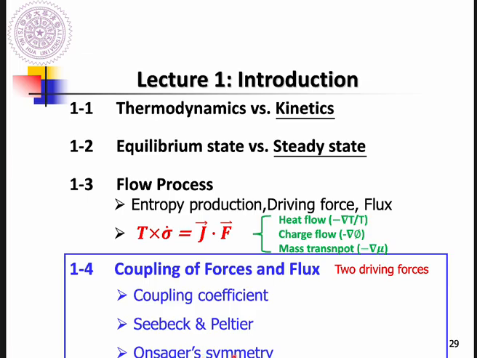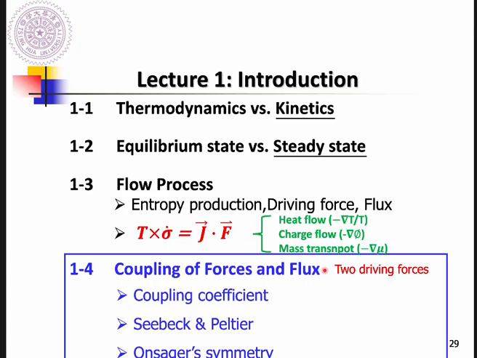Then the last one is what we call Onsager symmetry. This is some kind of mathematical trick we are going to use in this part. So let's move to the coupling coefficient and coupling effect between the forces and the fluxes.